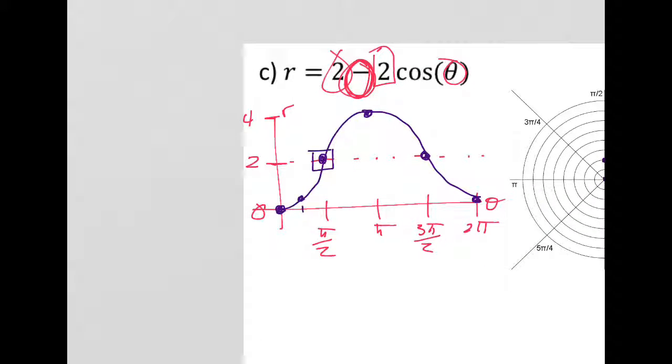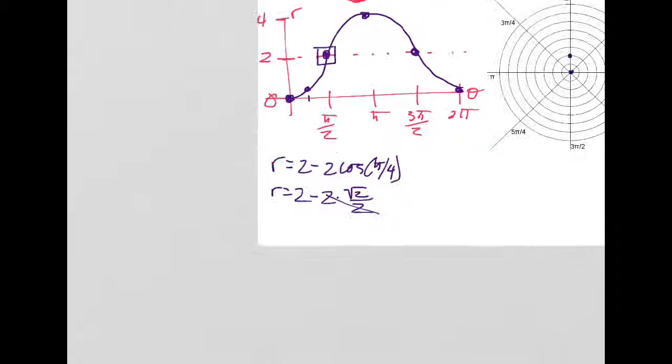Well, again, we're going to plug into our equation. R equals 2 minus 2 times the cosine of pi over 4. So again, R equals 2 minus 2 times root 2 over 2. Look, those 2's cancel. And so we have R equals 2 minus the square root of 2. Square root of 2 is a good number to know.